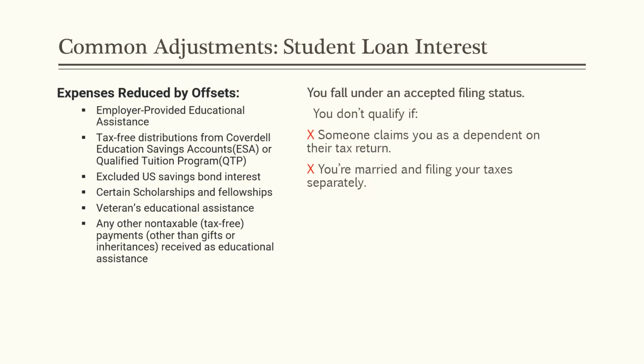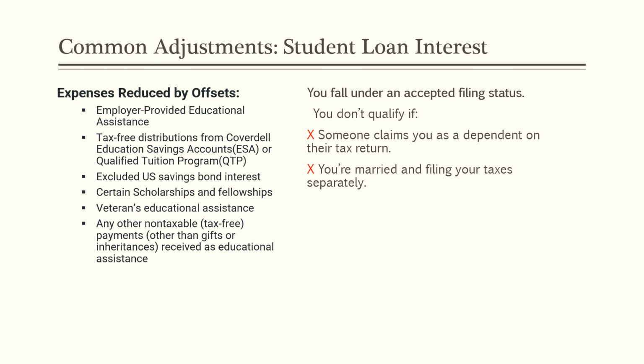And remember, you will fall under an unaccepted filing status, and your student loan interest will not be qualified, if someone claims you as a dependent on their tax return, or you are married and filing your taxes separately.